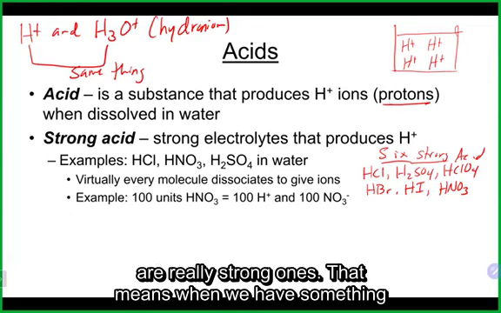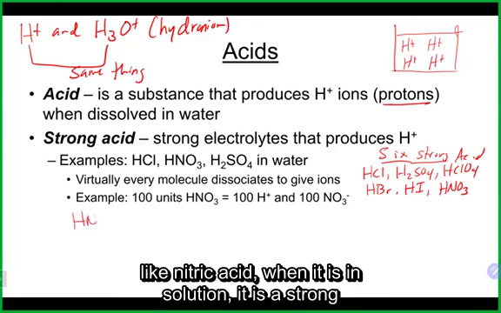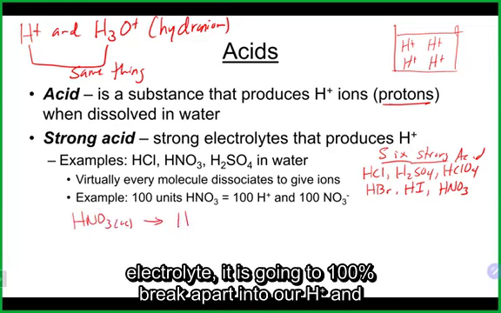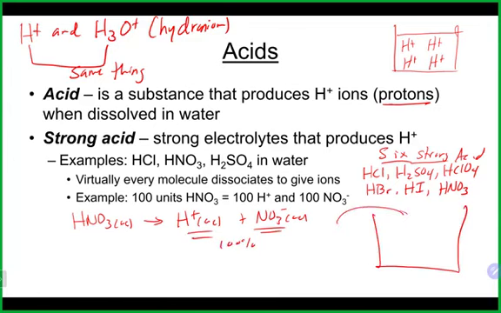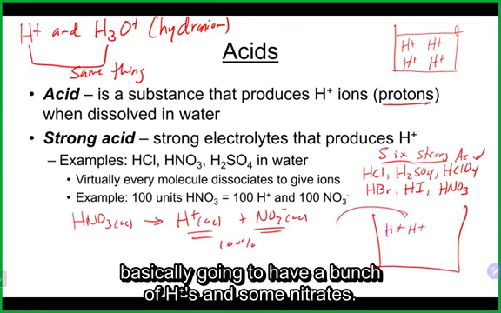That means when we have something like nitric acid, when it is in solution, it is a strong electrolyte. It is going to 100% break apart into our H plus and nitrate ions, so 100%. So if you dump that into a beaker, you're basically going to have a bunch of H pluses and some nitrates.